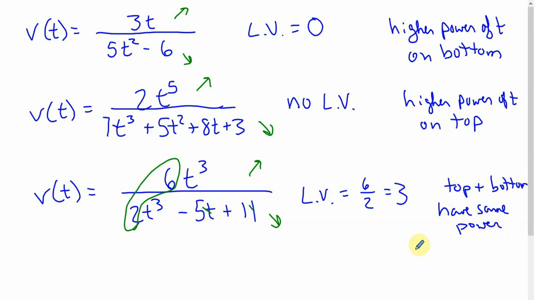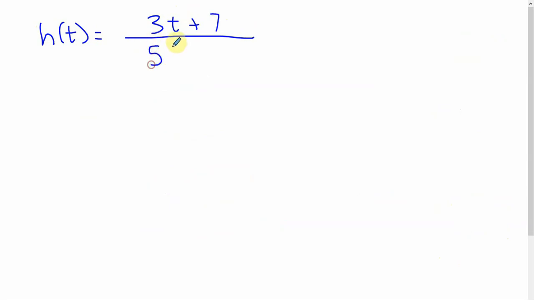Okay, so let me just do another example of this. If we had something like this, 3t plus 7 over 5t minus 9. So 3t and 5t, the smaller guys are not going to matter.